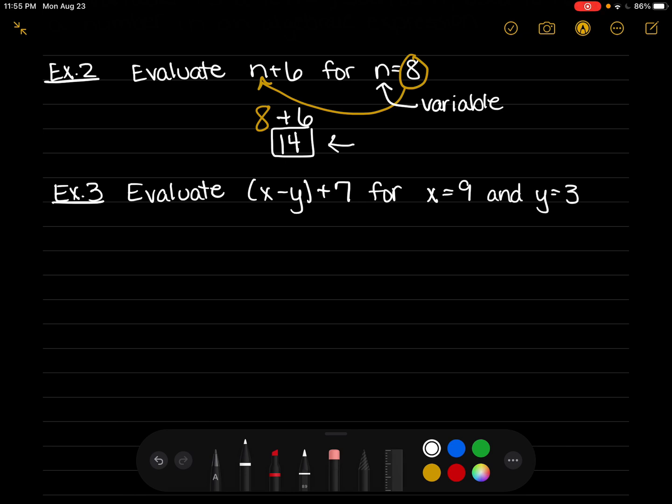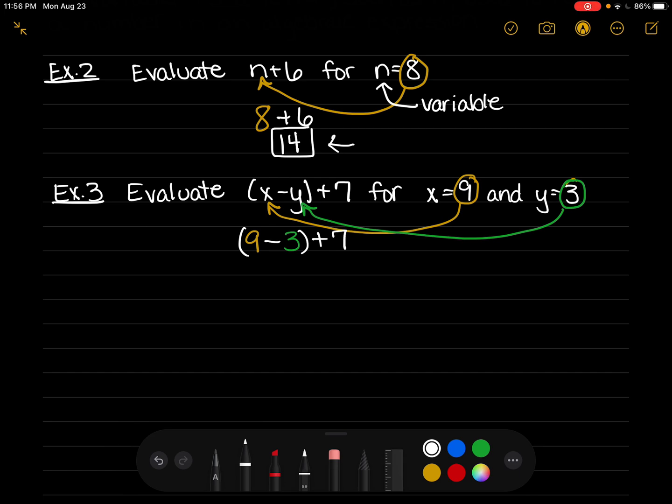Okay, so now we're going to do the same thing we did up there. We're going to take what x equals, which is 9, and put it in place of x. Let me change the color here. And what y equals, we're going to put in place of y. On here it says that x is 9, so I'm going to put the problem just how it was. Actually, I like to color code things here. The x is going to be 9, and we said our y was 3, and the rest of the problem just stays the same, right?